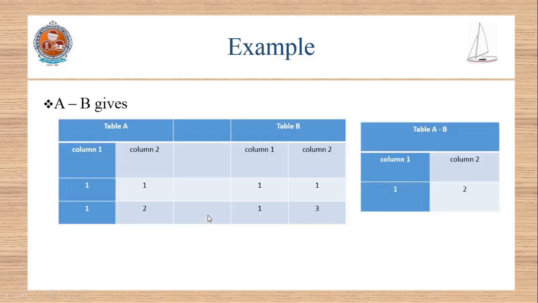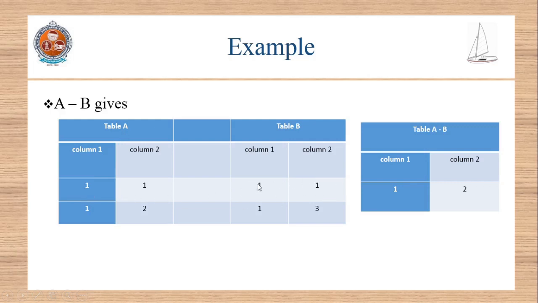Consider the same example, the two tables, table A and table B. The output of this operation A minus B, we said that all the tuples which are in A will be present but not in B. See here, the tuple 1 in table A and the tuple 1 in table B is present in both.